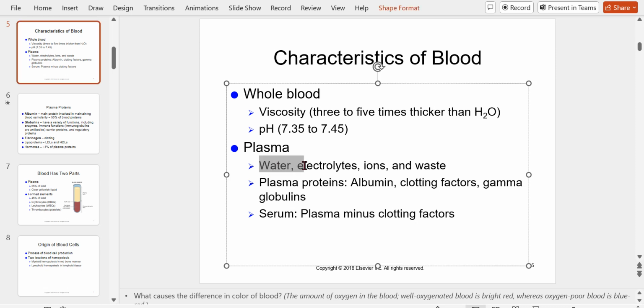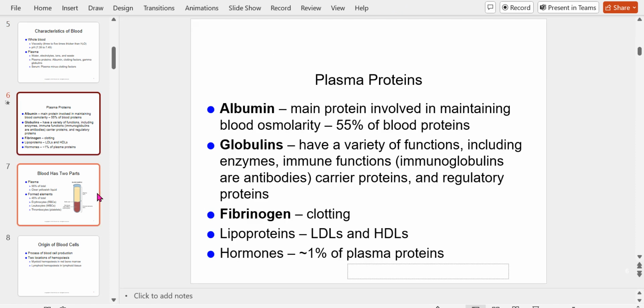This is composed of water, electrolytes, these are the dissolved calcium, sodium, potassium, those are your ions, waste, plasma proteins: albumin, clotting factors, gamma globulins. The serum is plasma minus clotting factors. Just for your notice.